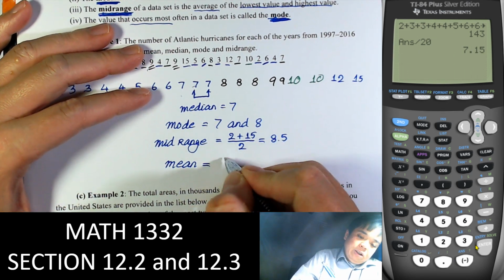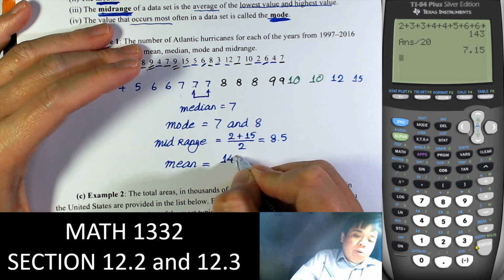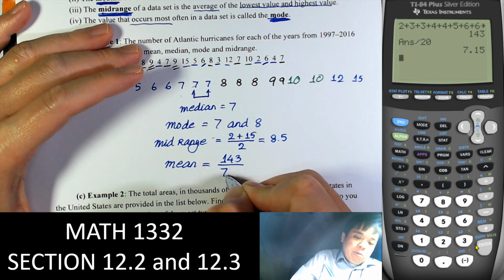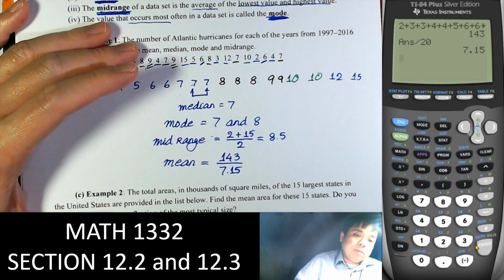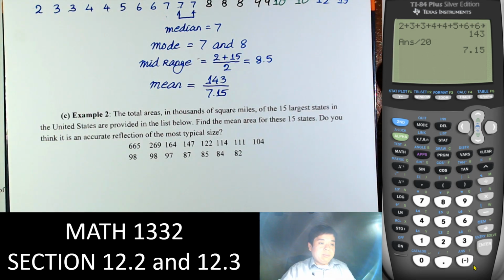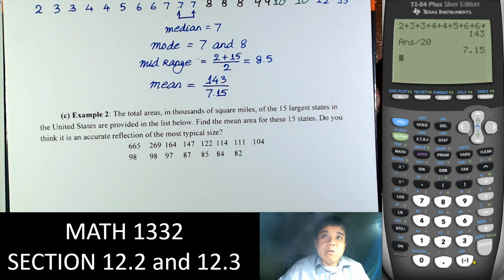Adding all of them up, we have 143 divided by 20, which is 7.15. Very straightforward.